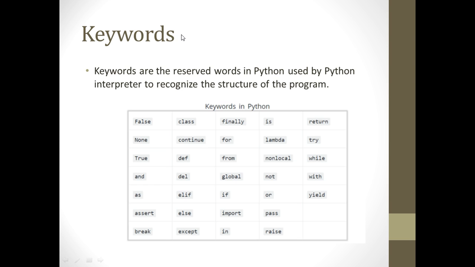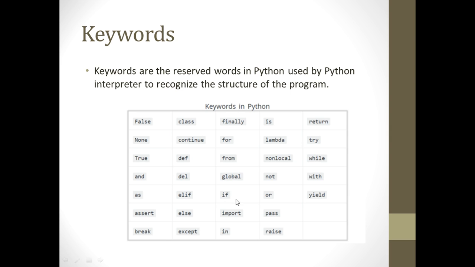Now let us understand what are keywords. Keywords are the reserved words. You can also call them special words which give special meaning to the program. So, for example, we have if.